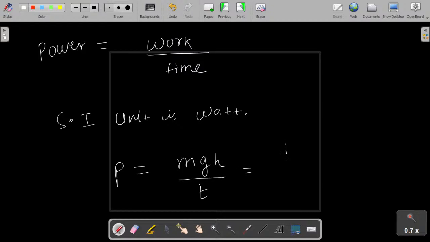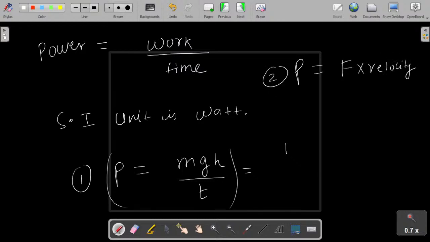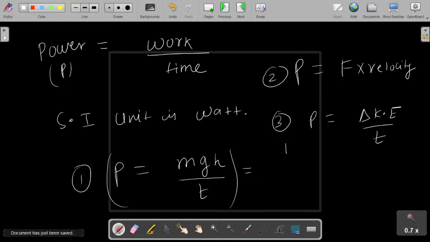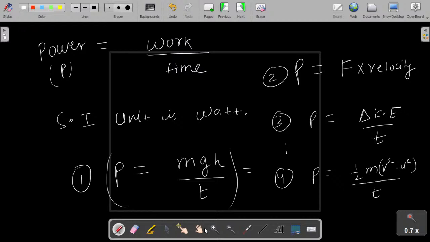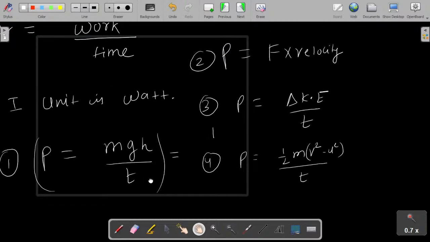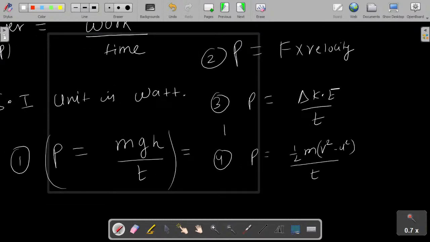Sometimes we have to use power. Another formula for power is force into velocity. This is another formula of power. Third formula: power is change in kinetic energy upon time. Fourth formula is half m (v squared minus u squared) upon t. These are the formulas of power.